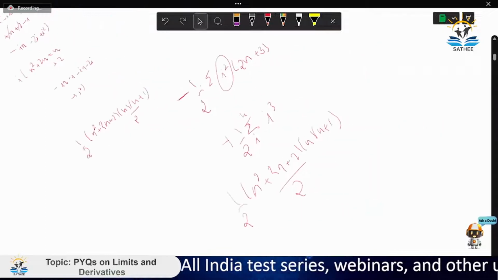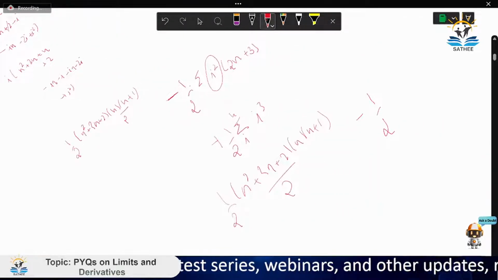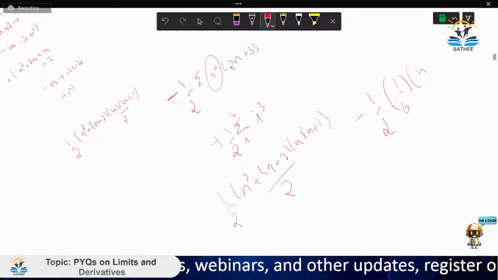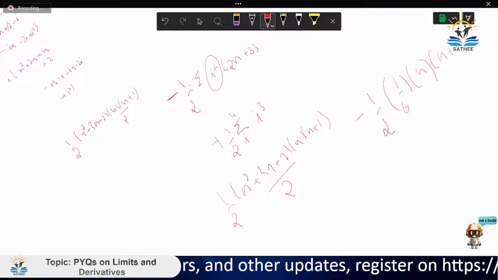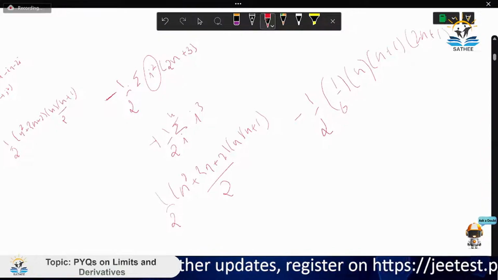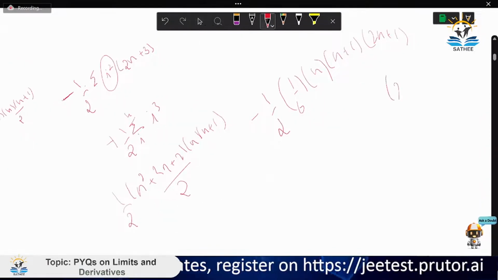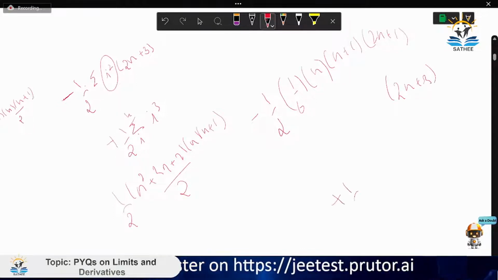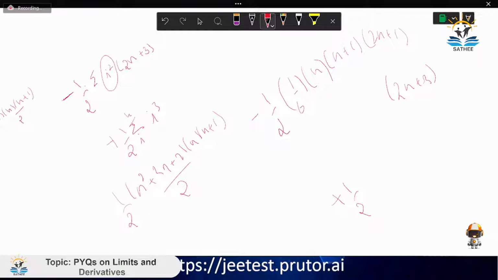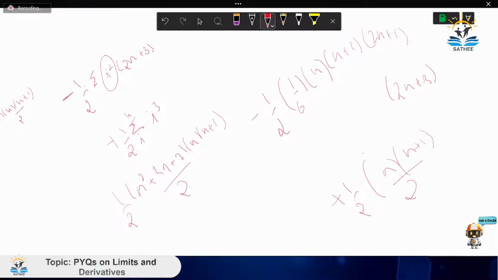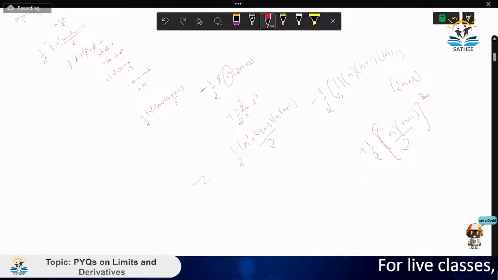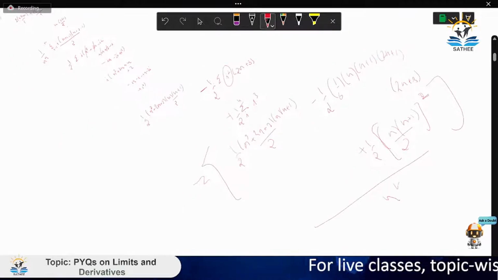This I have. Then minus half times 1 by 6 n plus 1, 2n plus 1 and 2n plus 3, plus half times summation of i cube. And that is very simple. (n plus 1) by 2 and the whole square. Simple. And now this whole term is being divided by n to the power 4.